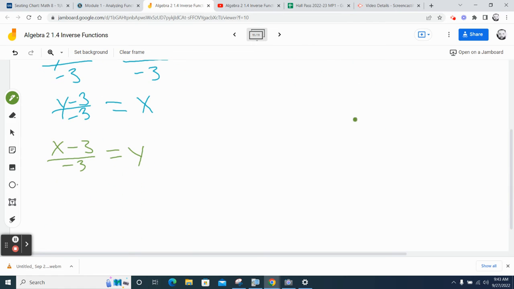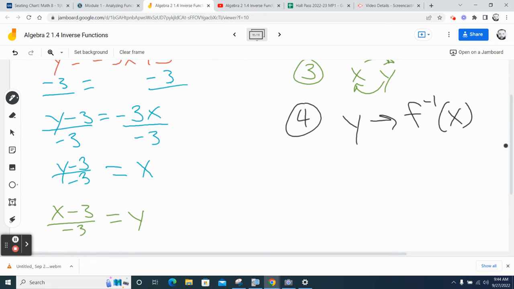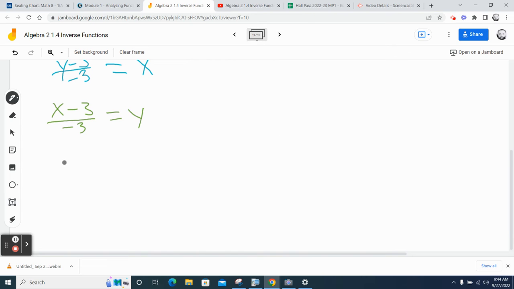And then lastly, step 4, I'm running out of room down here. Step 4 is wherever you see a y, you're going to put the f inverse notation. So this whole thing becomes f inverse of x, and I'm going to rearrange it. X minus 3 all over negative 3. So then it says to graph it.